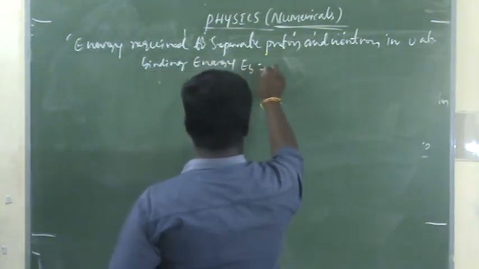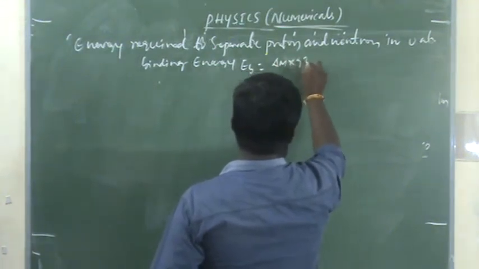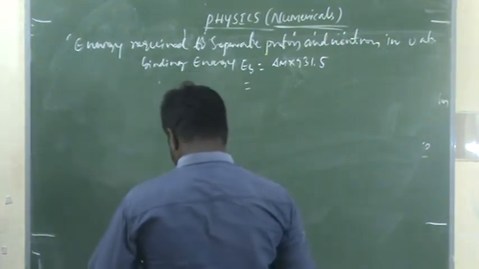EB is equal to the mass defect into 931.5.